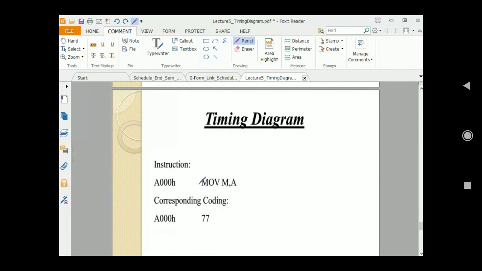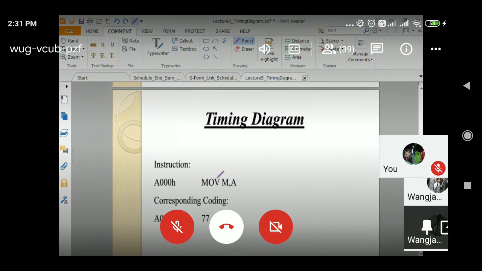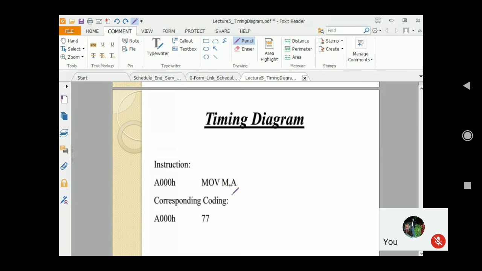And again here from the accumulator to my memory unit, or accumulator to memory, and again this is my 77.